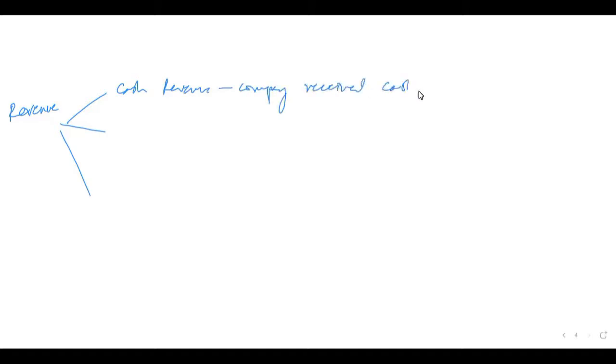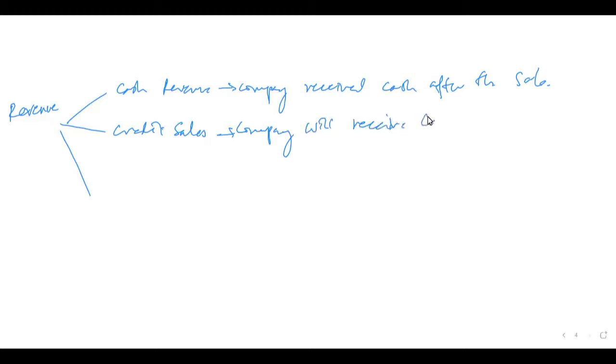Now let's move on to the entries in those three scenarios. So this is your revenue. You could have cash revenue, that is, the company received cash after the sale. Then you could have credit sales. This basically means the company will receive cash in the future.